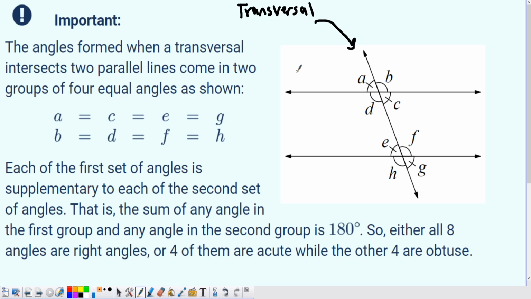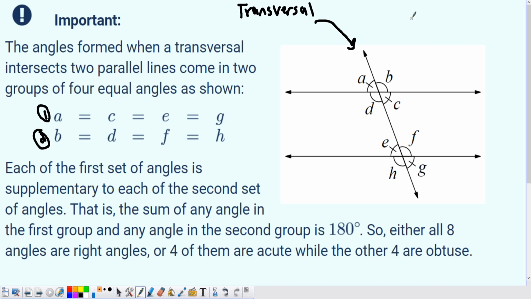And another nice fact is that anything in the first set, so the first set being this one, is supplementary to the second set, which means that anything from this first one plus anything from the second one must add up to 180.